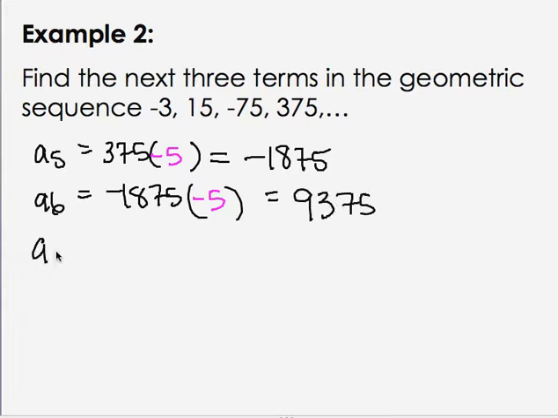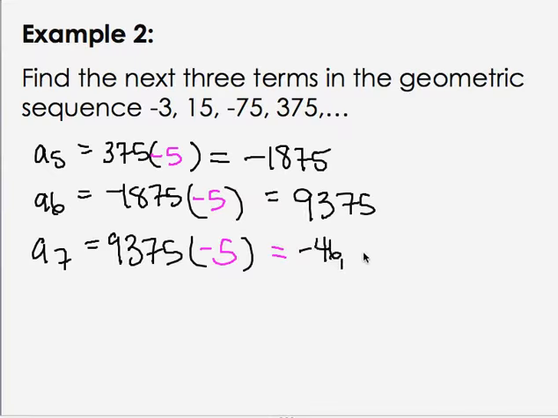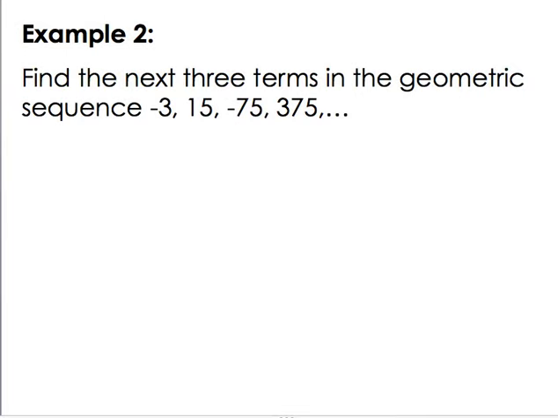And then a sub 7, of course, I take my 9,375 and I'm going to multiply it by my common ratio of -5. And I'm going to get a rather large negative number, negative 46,875. Yeah, and those are the next 3 terms in the geometric sequence.